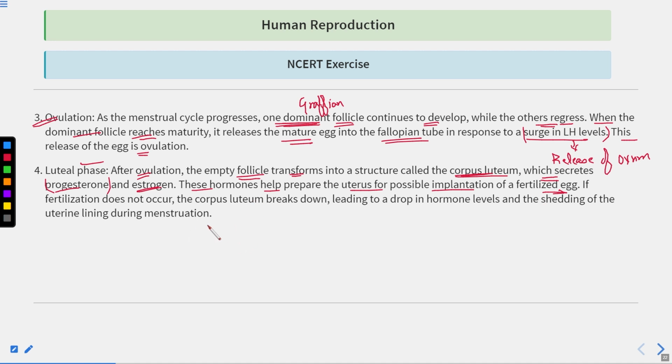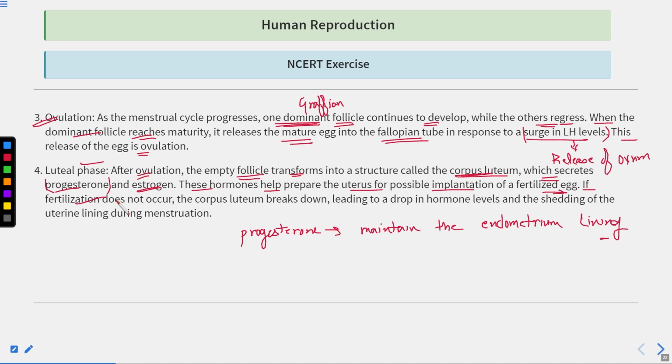Progesterone, also known as the pregnancy hormone, helps to maintain the endometrium lining, and this is very important for the possible implantation of the fertilized egg.